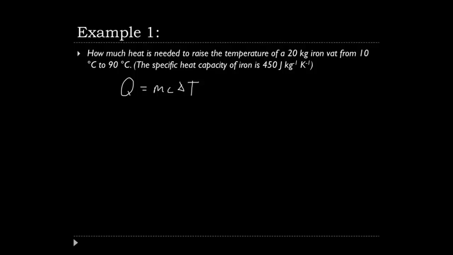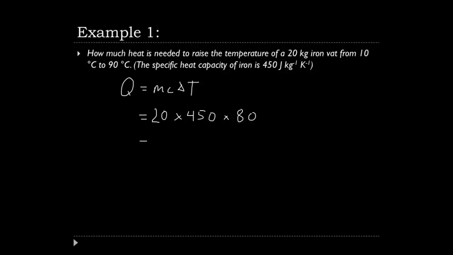It's just to get the hang of it. So the mass is 20. The specific heat capacity is 450. And the change in temperature is the final minus the initial, 90 minus 10, which is 80.